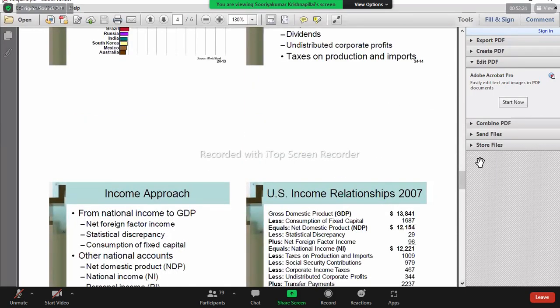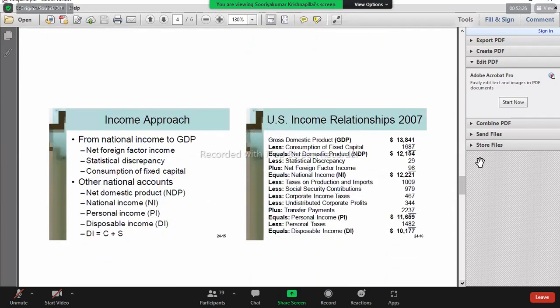So income approach, from national income to GDP. In the income approach, the left side of that balance sheet, we first calculate national income. Then from that we get the GDP.